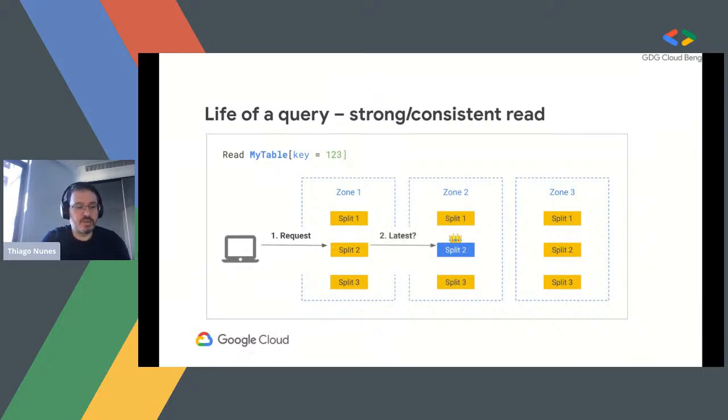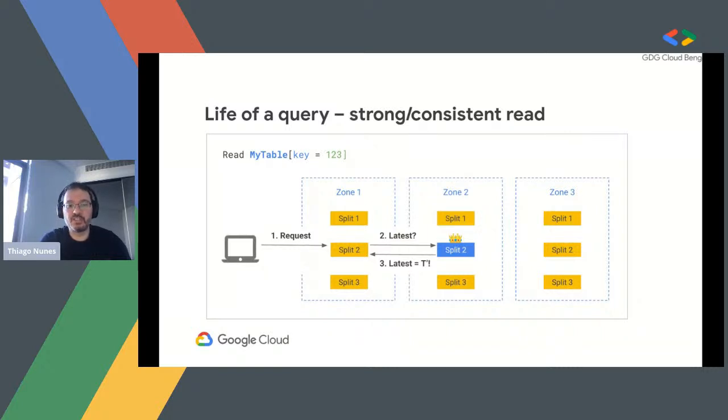The second thing that will happen is that if the span server that was requested was not the leader, then it will need to talk to the leader to see if it has the latest data. The leader then will reply with the TrueTime time of that data. And then the span server, or split 2, can do one of two things.